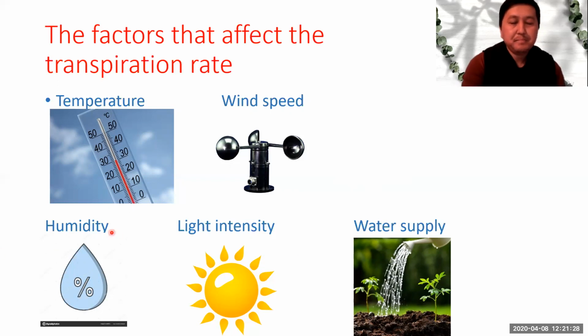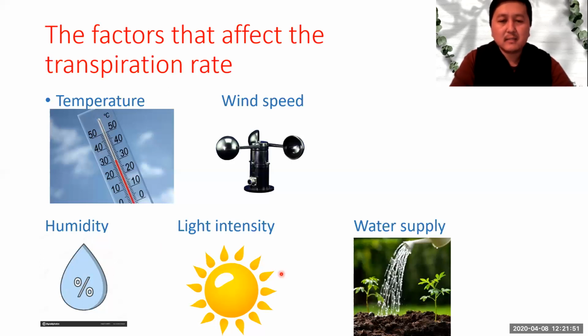What's humidity? Now, it's the amount of moisture in the air. And if air has a high level of humidity, the transpiration rate will decrease. That's why the humidity of the atmosphere is always important in transpiration.